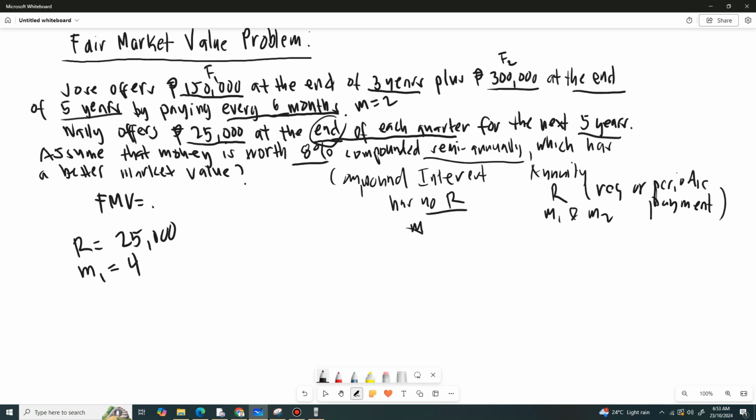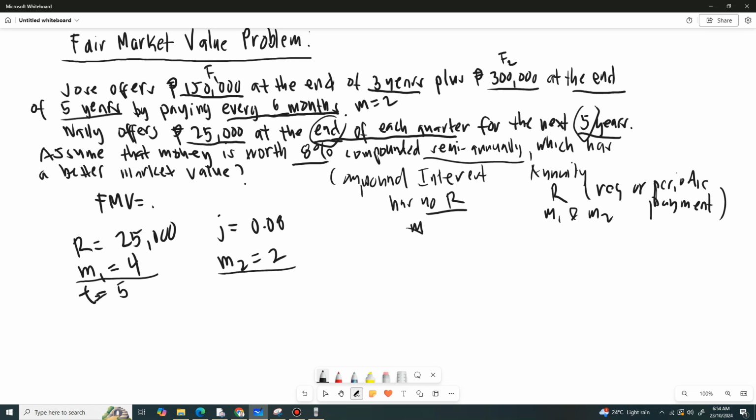And then we have the time, the next 5 years. And then we have our J, which is the same, 8% or 0.08. And then compounded semi-annually, this is our M2. For Wally's offer, M2 is 2. So, analyzing this, we have M1 4, M2 2.